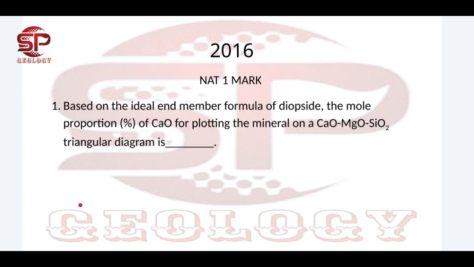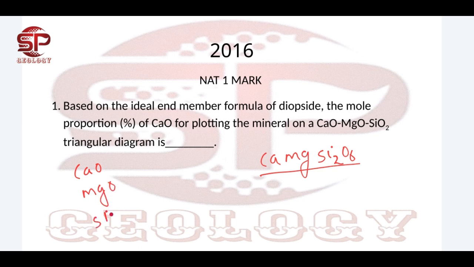Based on the ideal end member formula of diopside. What is the formula of diopside? CaMgSi2O6. You have to calculate the mole proportion of CaO. In this formula the oxides CaO, MgO and SiO2 are present. CaO is present 1 mole, MgO 1 mole, SiO2 2 moles.